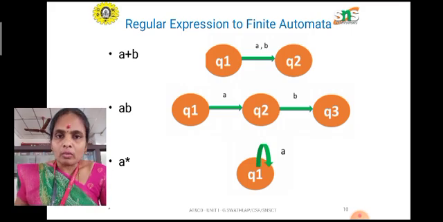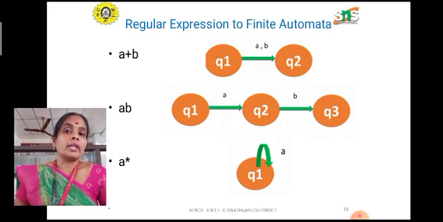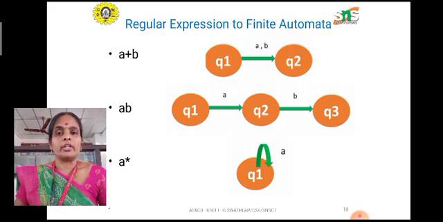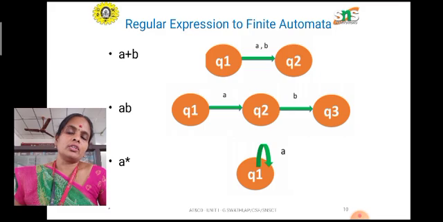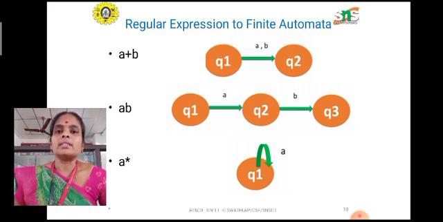Okay, so now let's see how the regular expression is converted into finite automata. We have seen the introduction to regular expressions in the previous video, and we are going to take that input and see how the finite automata can be generated. In the first example, it is given as a plus b. Using the property of regular expressions, it can be called a union b.